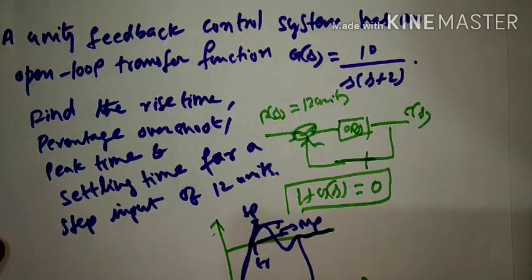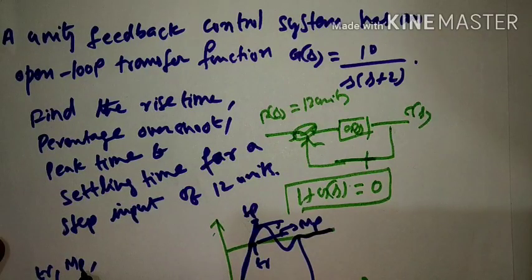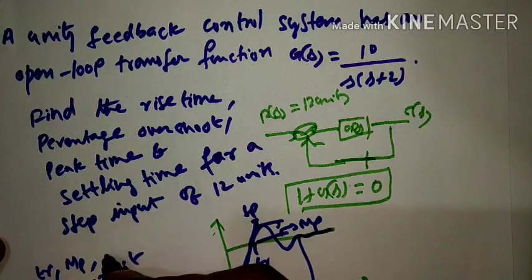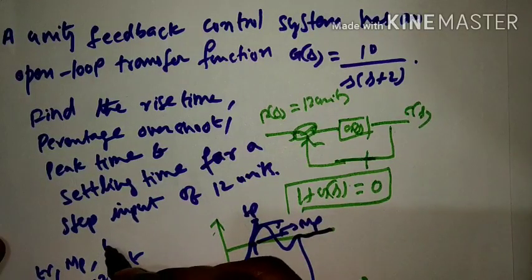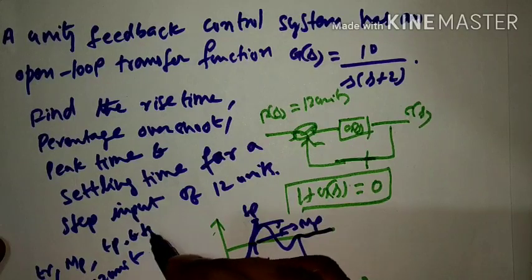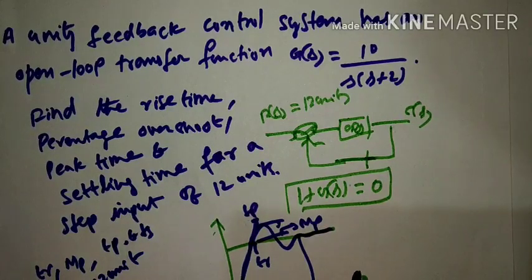So we have to find the rise time Tr, Mp, maximum peak overshoot, for 12 units. And another thing you have to find is peak time Tp and settling time Ts. So these are the things we have to find.